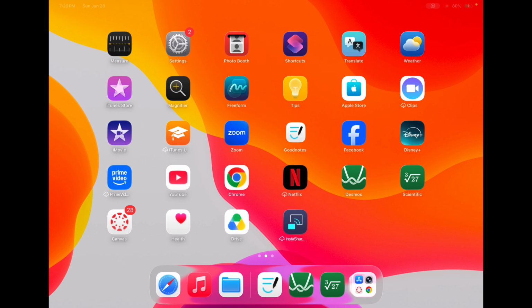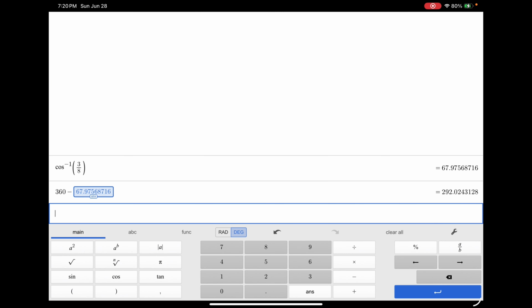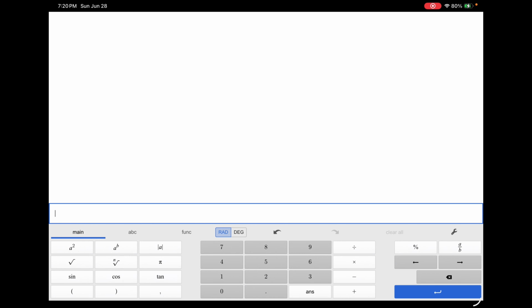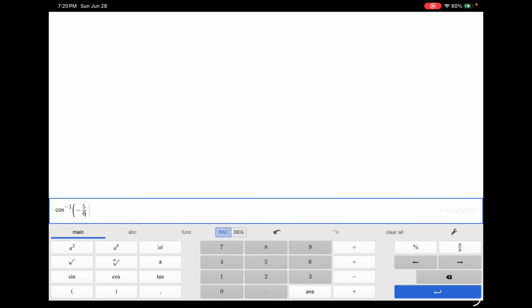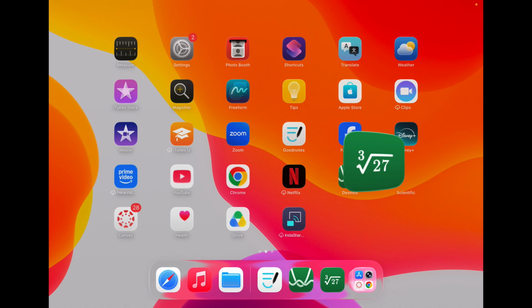All right, so we're going to take inverse cosine. We're going to go back to radians. Negative 5 over 6. 2.556.